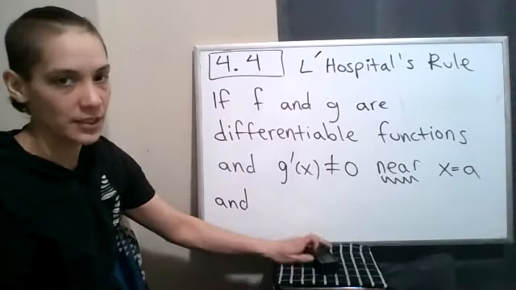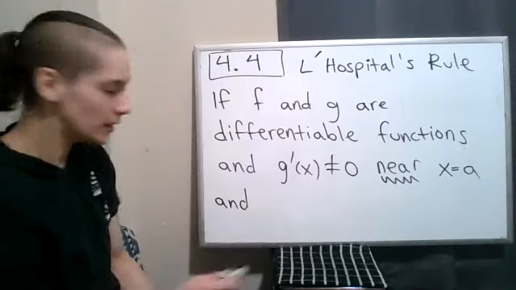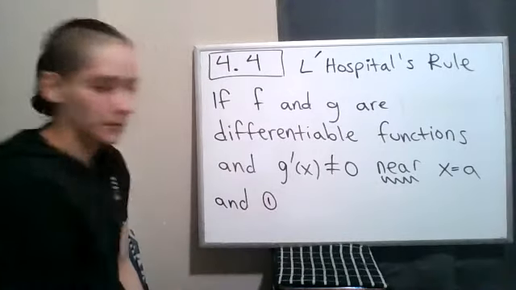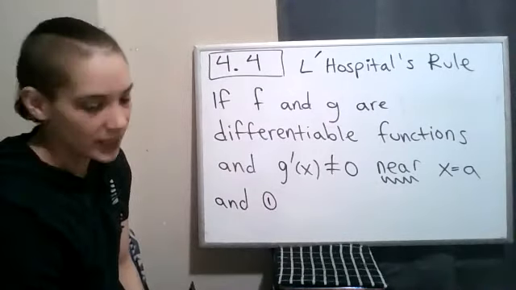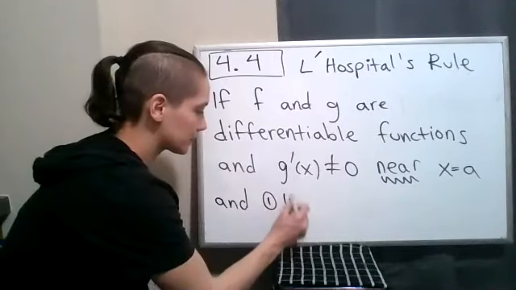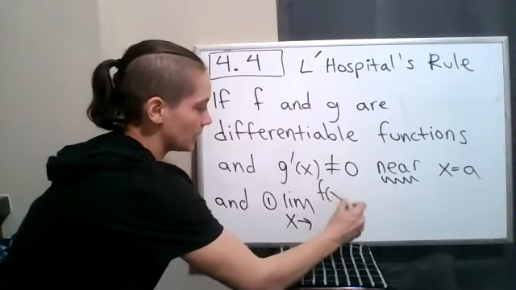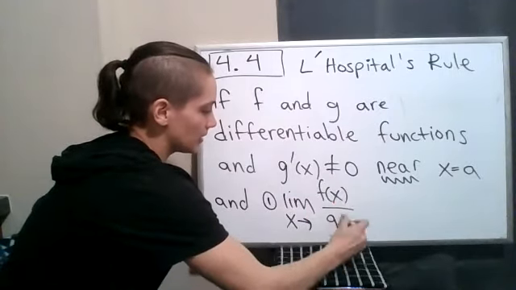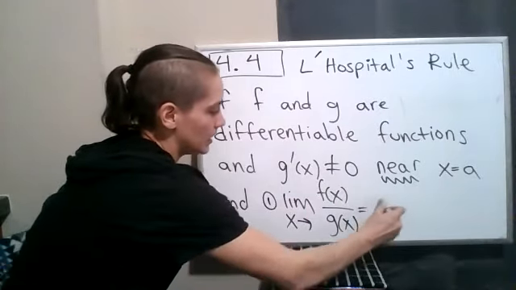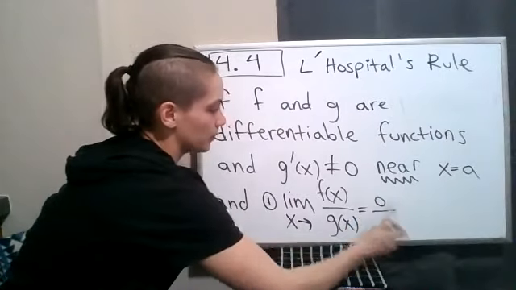And you have two situations that occur. Either the first one happens where the limit as x goes to a of f of x divided by g of x is 0 over 0.